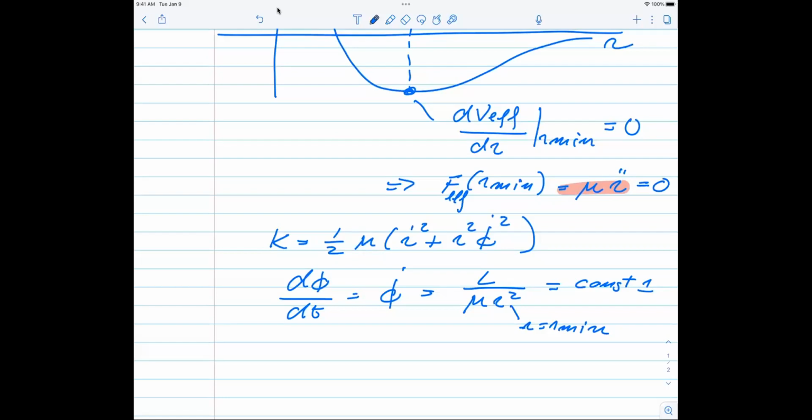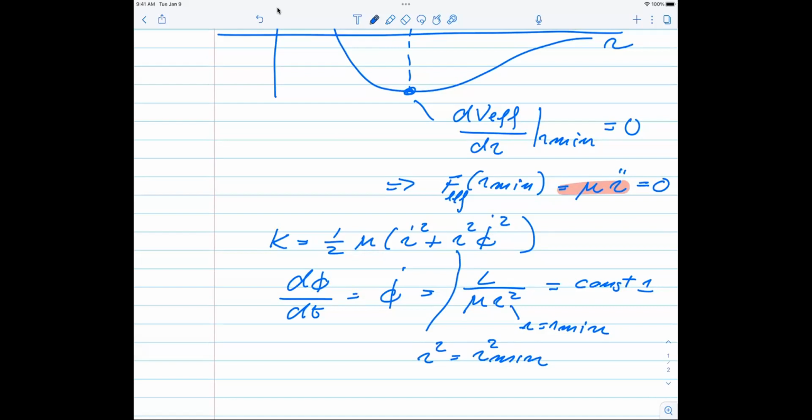And then clearly R squared is just equal to R min squared, because we are placing ourselves at that position. So what does this mean for the kinetic energy as a function of time? So this is hidden gem number 1. It is conserved. The kinetic energy by itself is conserved.